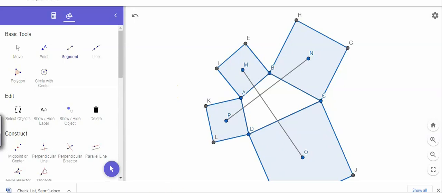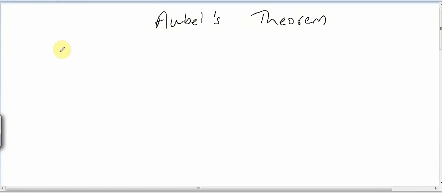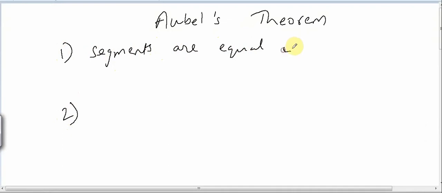We will prove this in two parts. In the first part we will show that the segments are equal in length, are equal to each other, and in the second part we will show that the segments are perpendicular to each other.